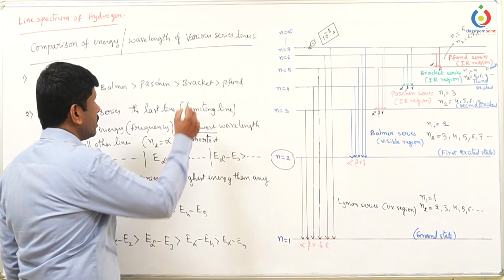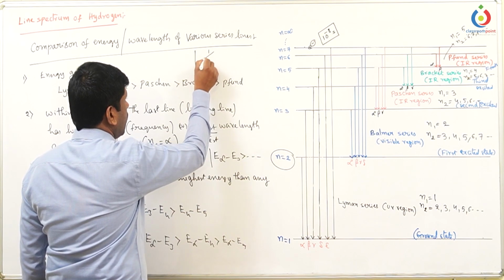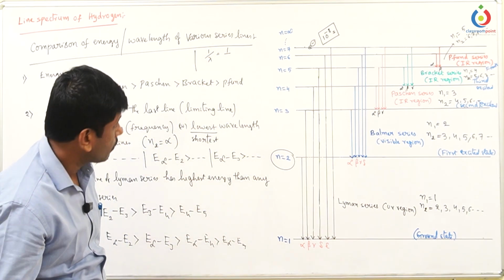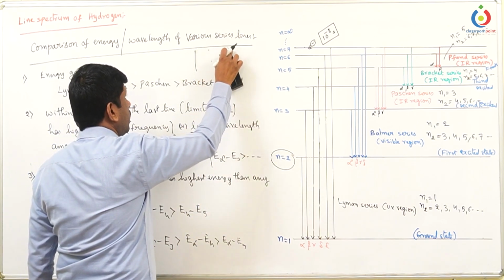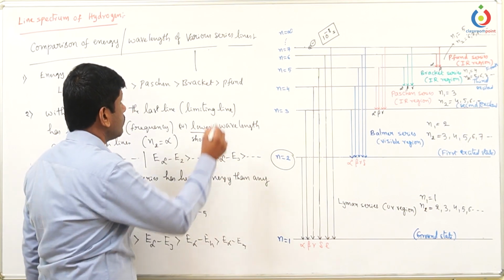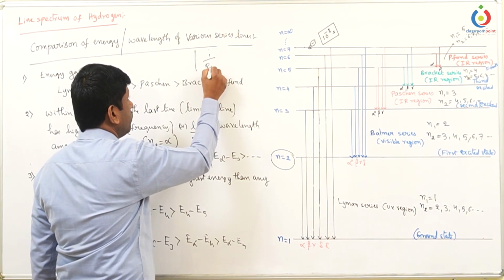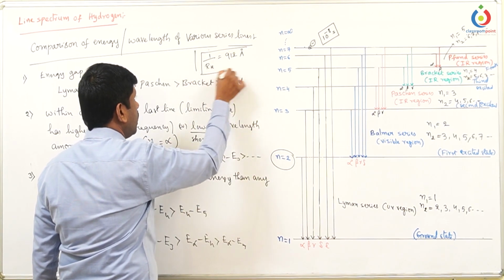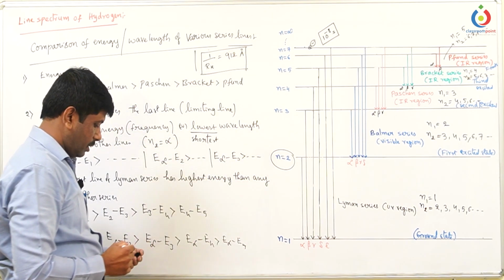And in these calculations, we need to use 1 by lambda equals to 1 by lambda. Usually we need one particular term while solving the questions, that is 1 by RH, the Rydberg constant value, which they used to ask. So 912 angstroms, this may be helpful in solving the questions.